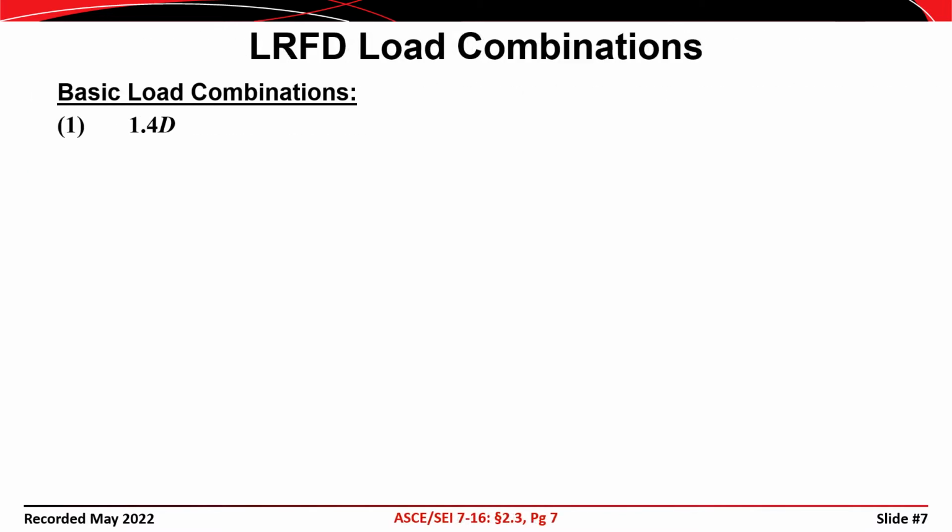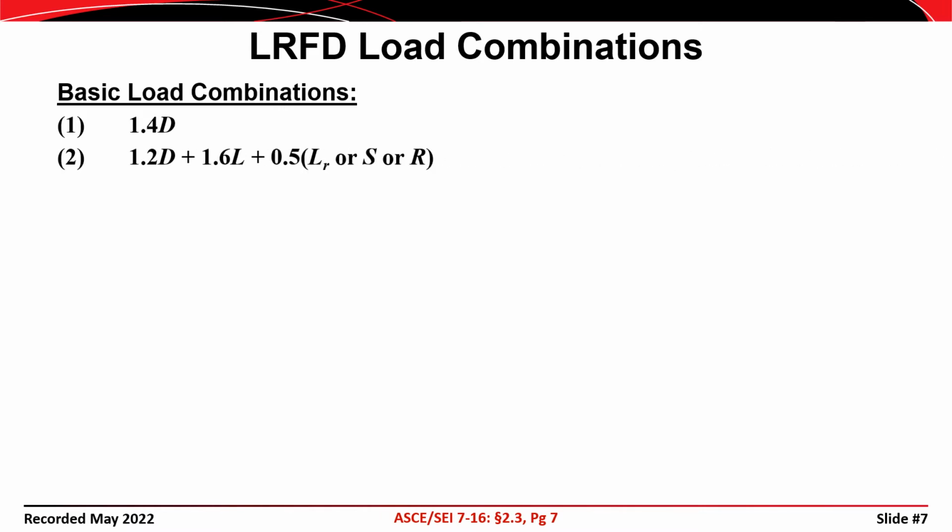So the basic load combinations that are in the ASCE 7 standard are given here. The first one is 1.4 times the dead load, and that's to address long span structures or structures that have a high dead to live load ratio.